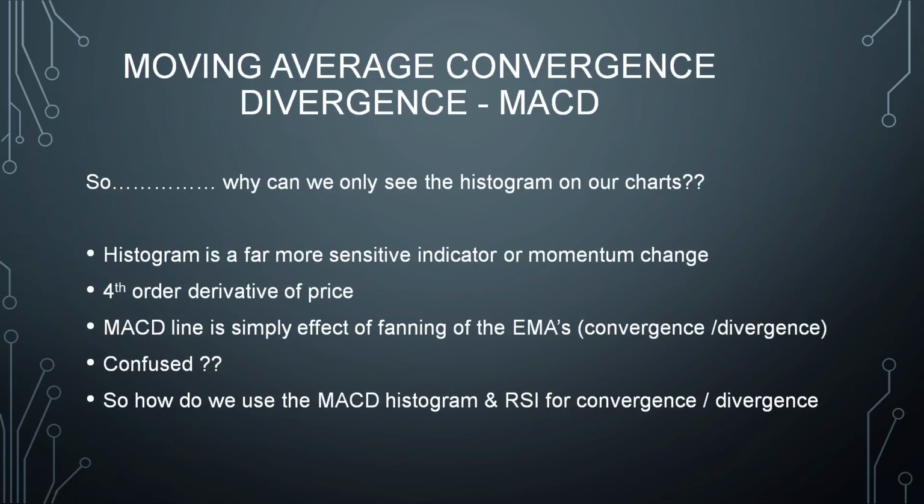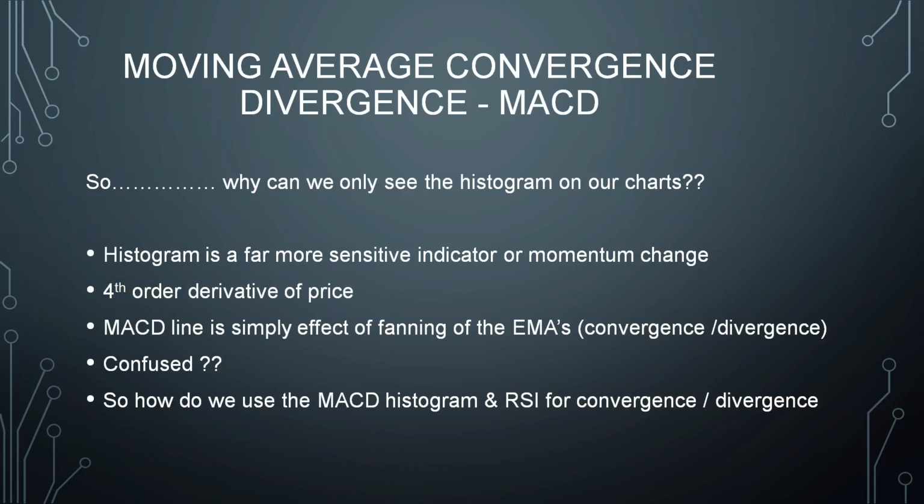So why can we only see the histogram on our charts? Well, essentially the histogram is a far more sensitive indicator of momentum change. The MACD line is simply the fanning effect of the EMAs, which is where they get the term convergence and divergence in terms of the MACD title description.